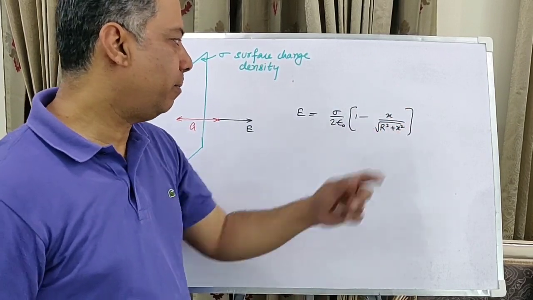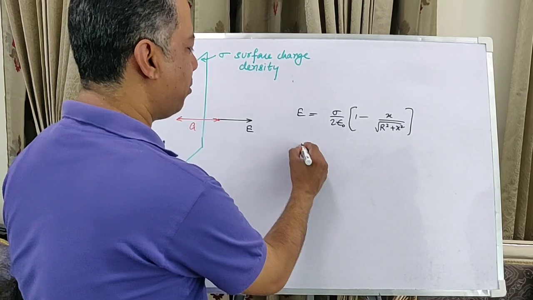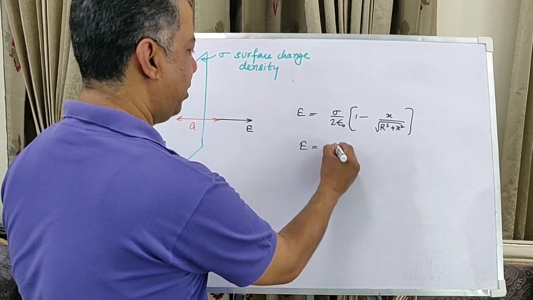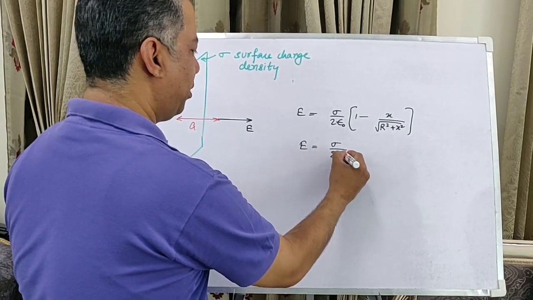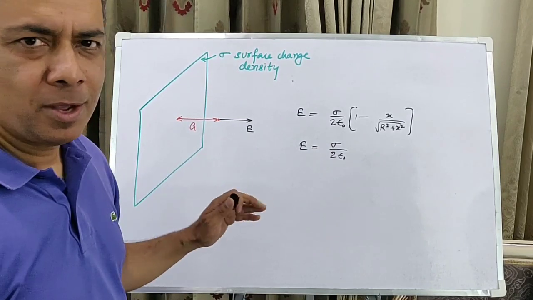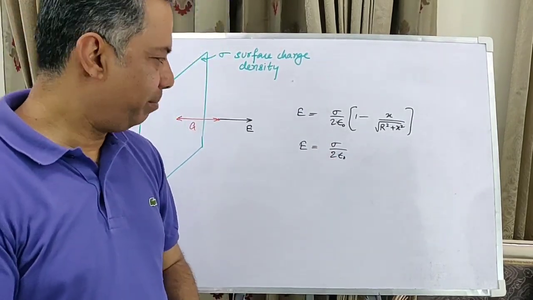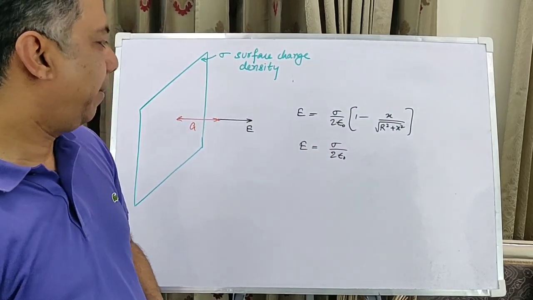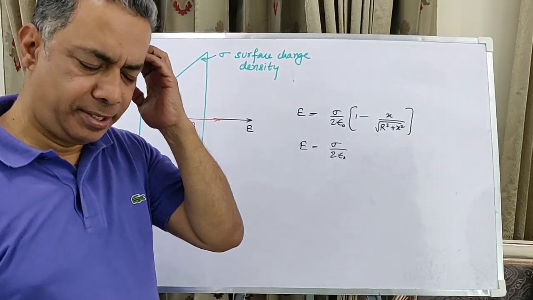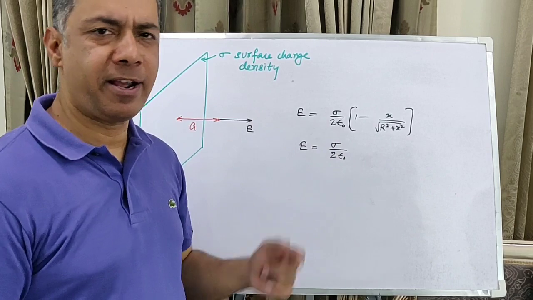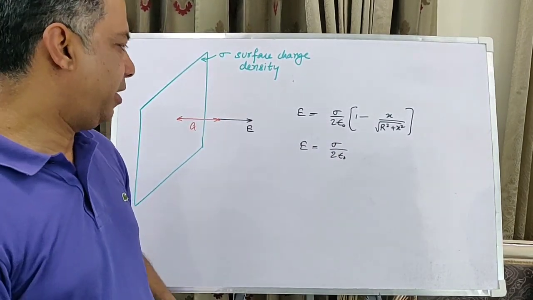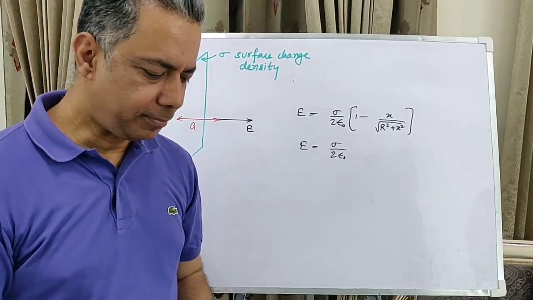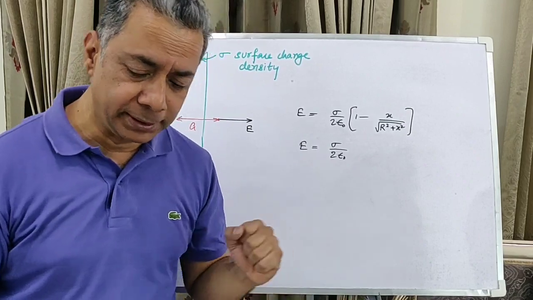This becomes 0 and the field comes out to be sigma by 2 epsilon naught. So not much of a derivation there, very simple. We have arrived at the result. That is the field due to an infinitely large plane sheet of charge. So that's actually pretty simple.